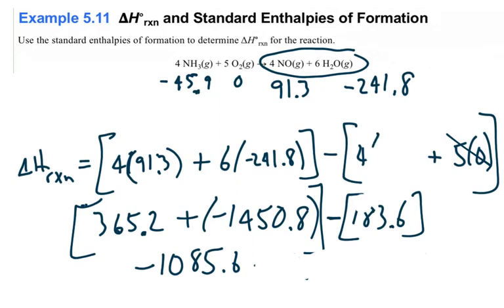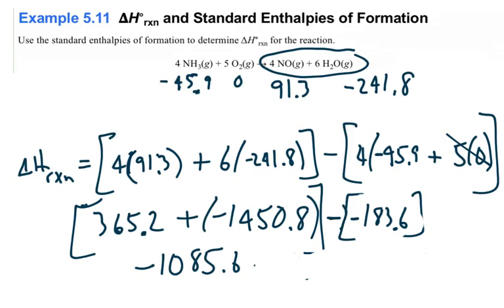This should be negative 45.9. So let me go ahead and recalculate that, and we'll get this piece here. So 4 times negative 45.9 is just a negative, let me write that down here, negative 183.6.